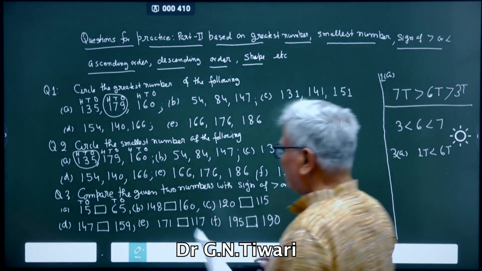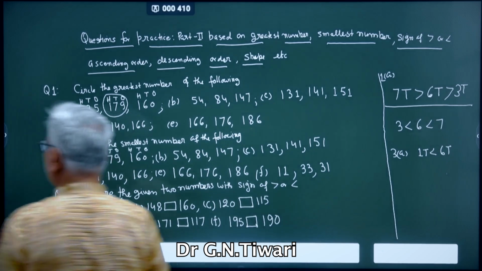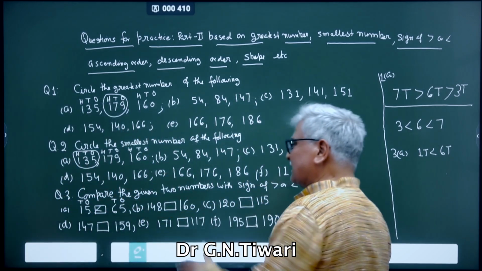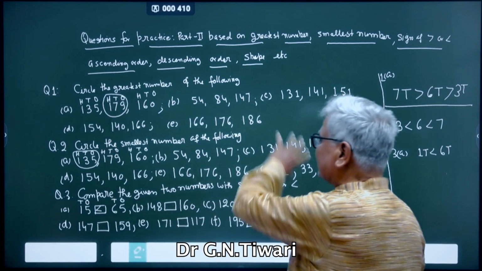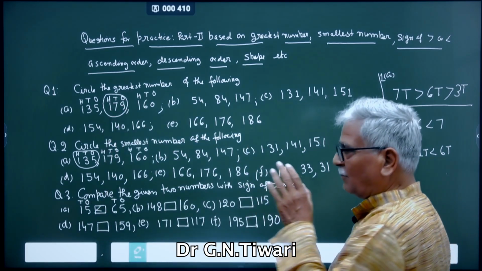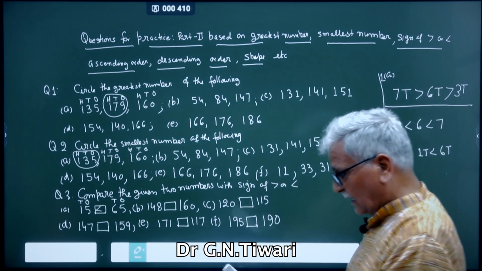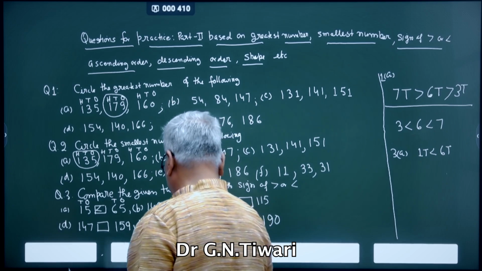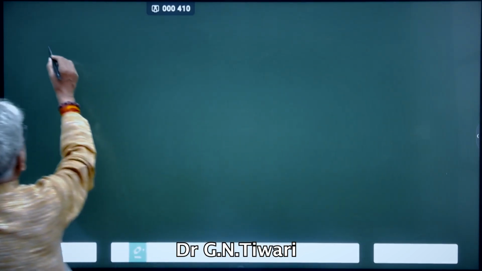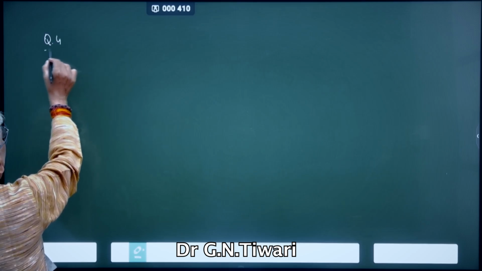That means 15 is less than 65. Or you can say that 65 is greater than 15. So this is the third question, and that's how you have to compare by writing ones, tens and hundreds. Now question 4.